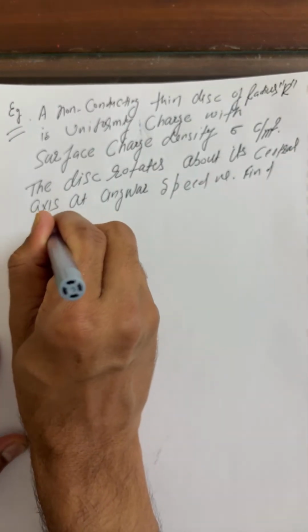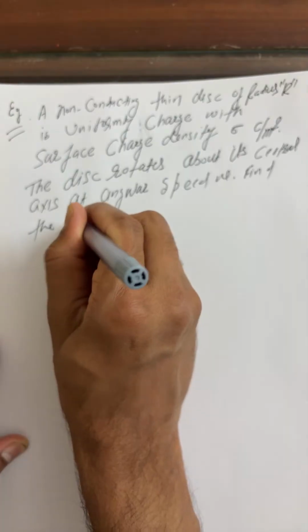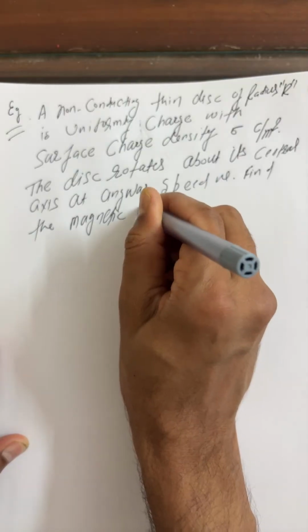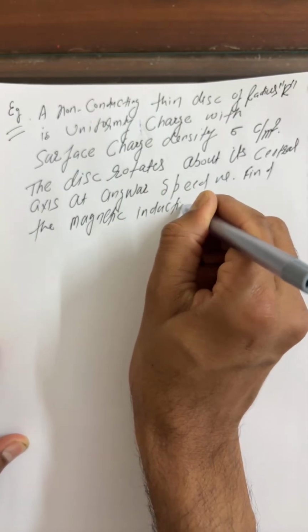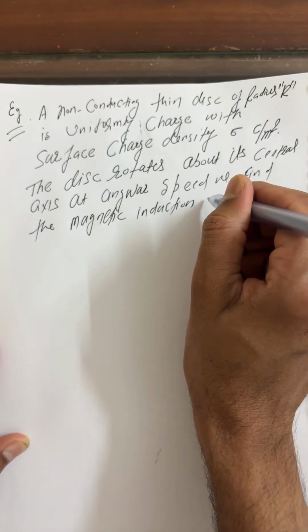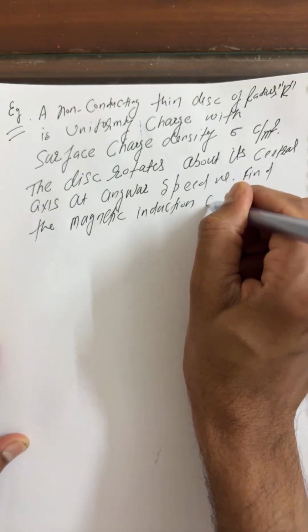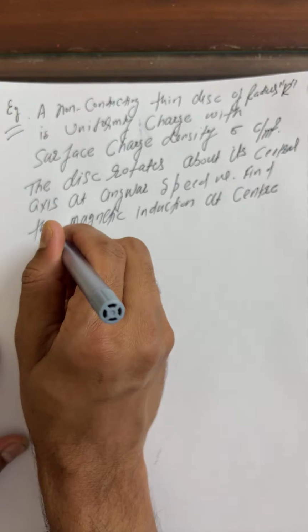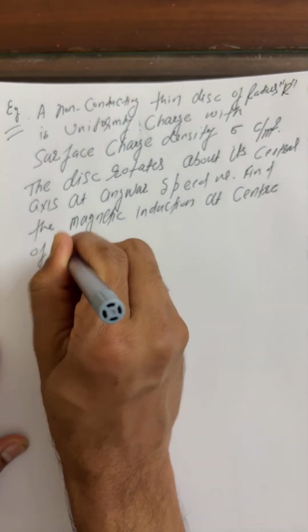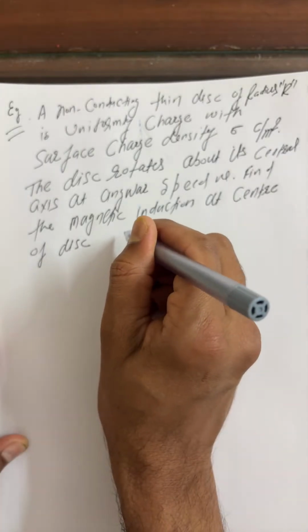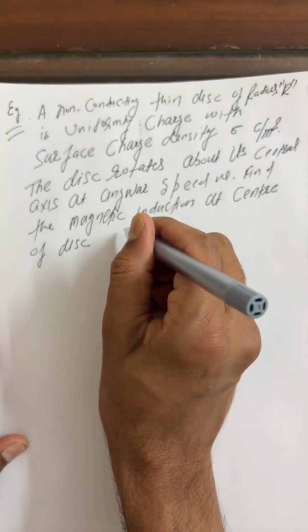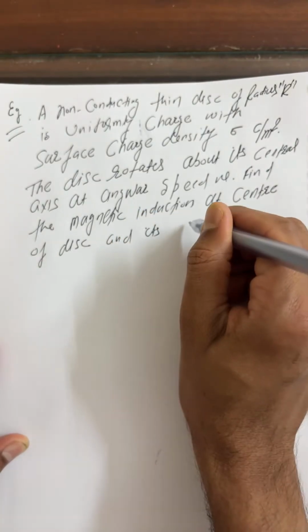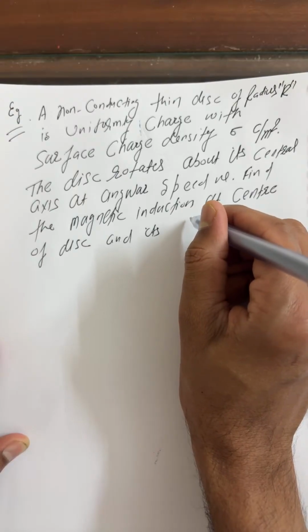Find the magnetic induction at the center of the disk and its magnetic moment.